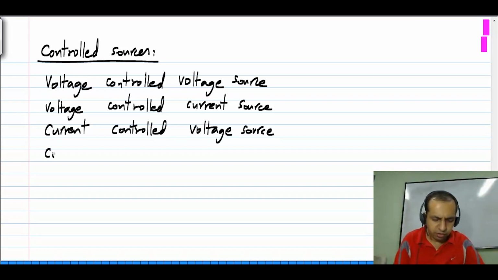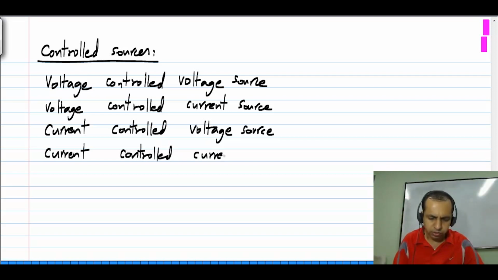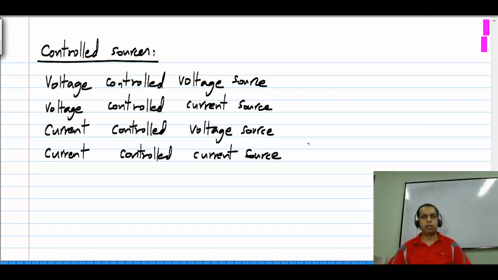And finally, a current controlled current source, where a current flowing through a certain branch, again usually assumed to be a short circuit, controls the current between a certain pair of terminals. We will take these control sources one by one and see how they behave.